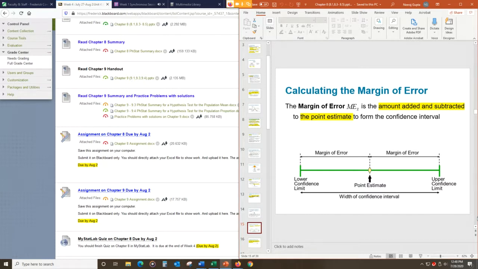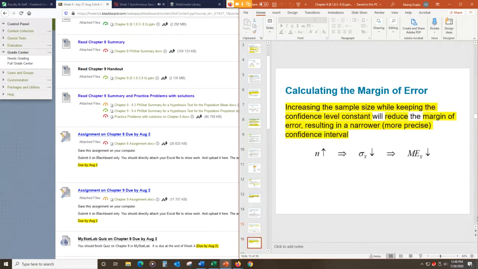Everyone understood? Yes. Okay. So here, as the sample size increases, margin of error decreases, and the standard error, if you remember from chapter 7, sigma x bar, the sampling distribution of the sample mean, which is sigma over square root of n, decreases because n is increasing.